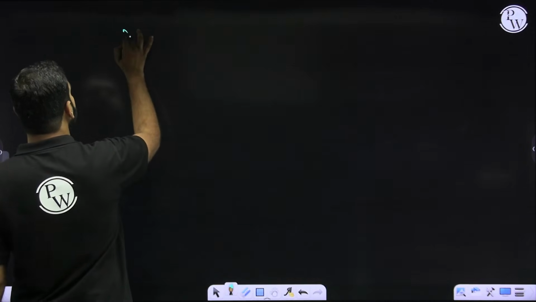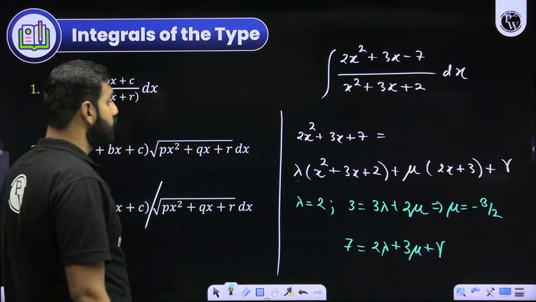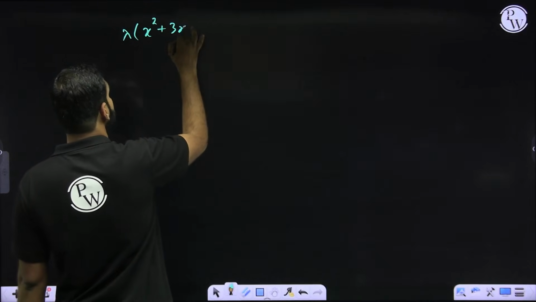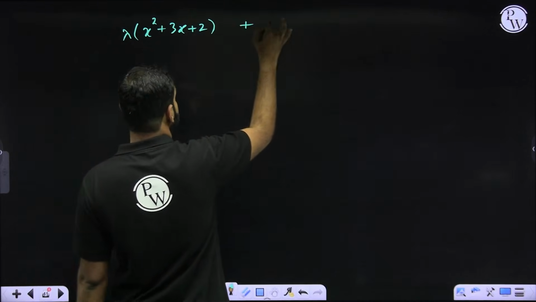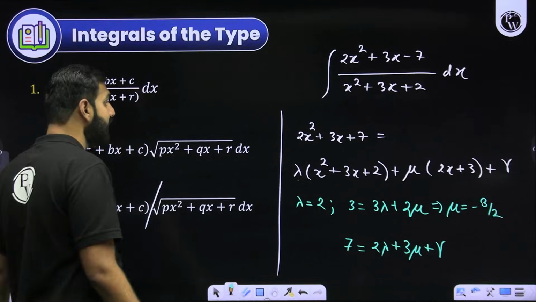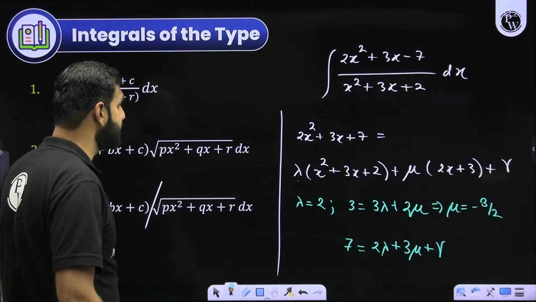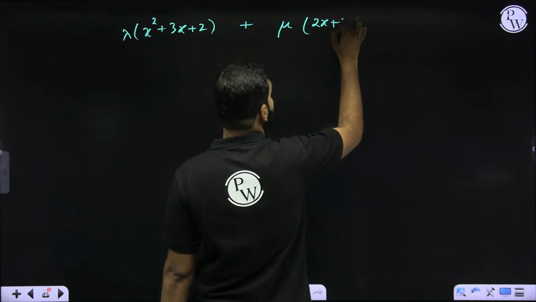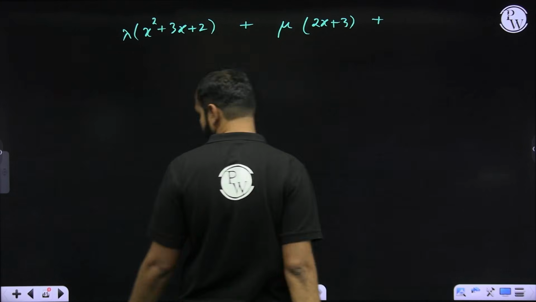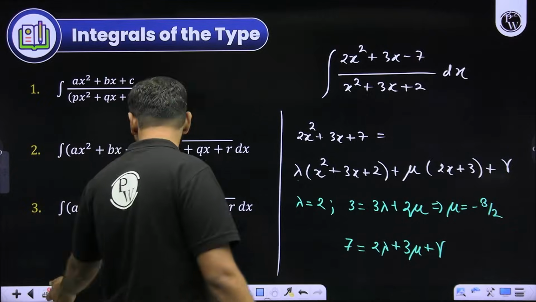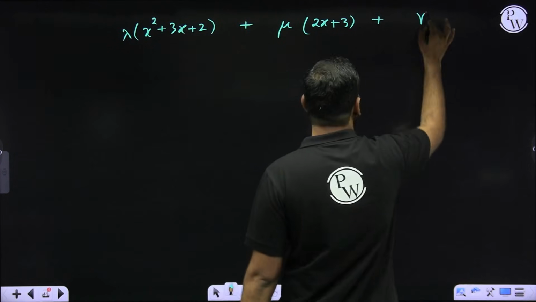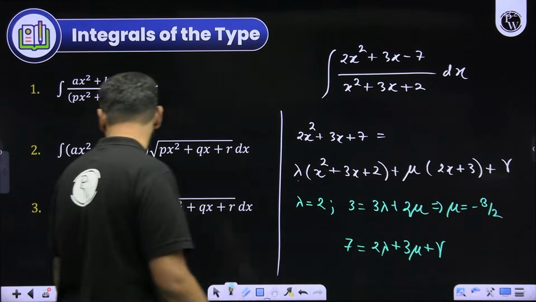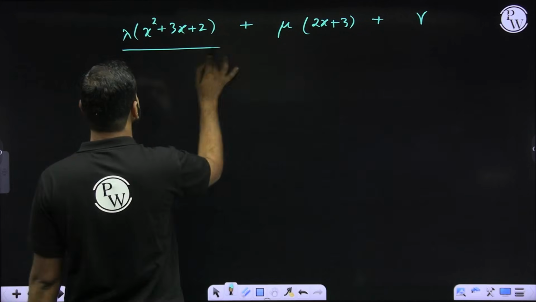I can write the numerator as lambda times x square plus 3x plus 2, plus mu times the derivative of the denominator, which is 2x plus 3. Most of you must realize now why we are doing this. Plus the next term, which is gamma. This whole is needed to be divided by the denominator, which is x square plus 3x plus 2, which I'll distribute separately to all of these.